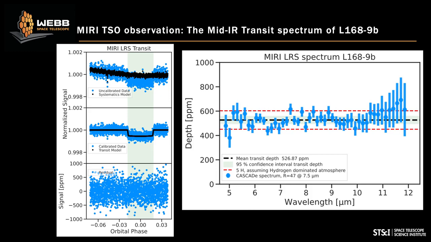So this is then the result. On the left, you see the white light curves, integrated over the 5 to 10 micron band. The top panel shows the uncalibrated white light curve plus the systematics model we fitted in black.